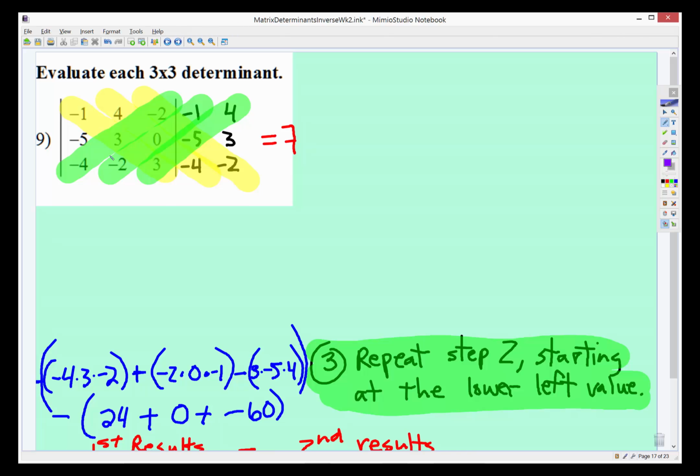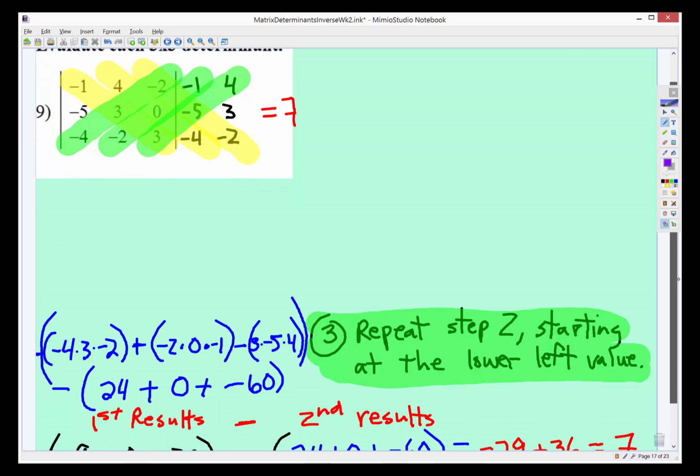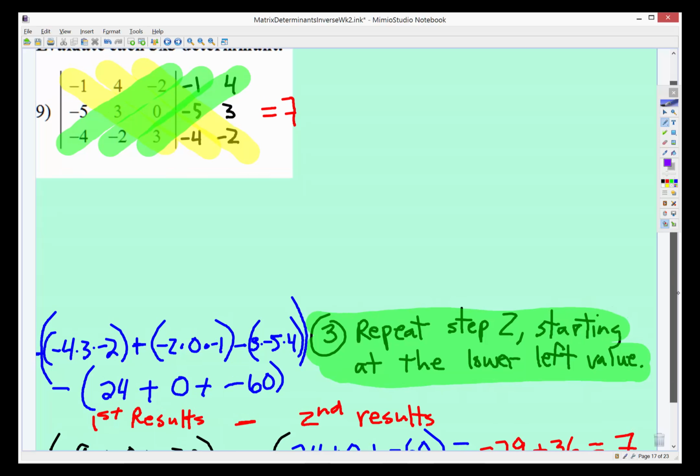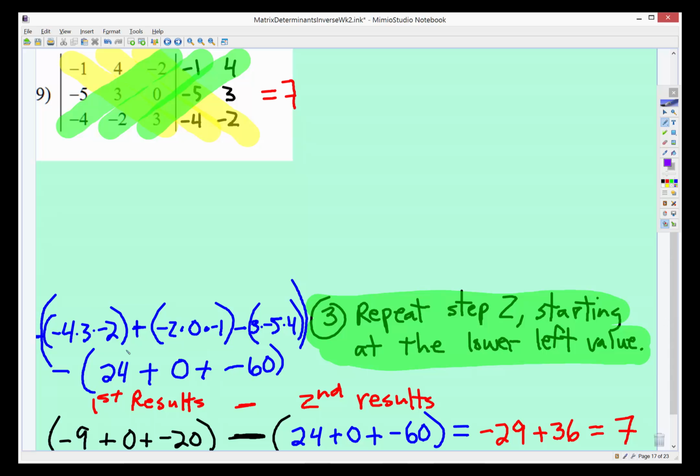So there we did it. We multiplied -4 times 3 times -2. That gave us +24. -2 times 0 times -1. 0 times anything is 0. 3 times -5 times 4 is -60.